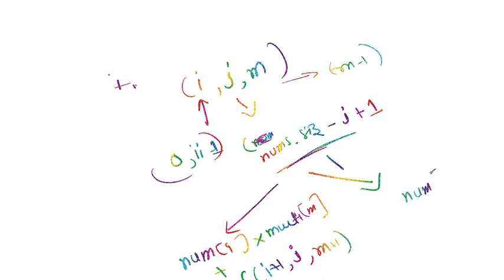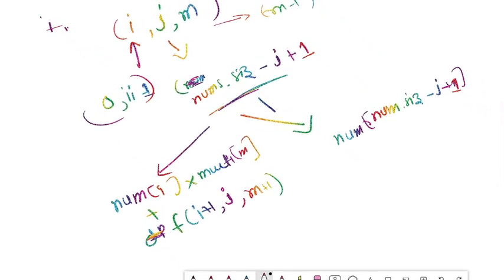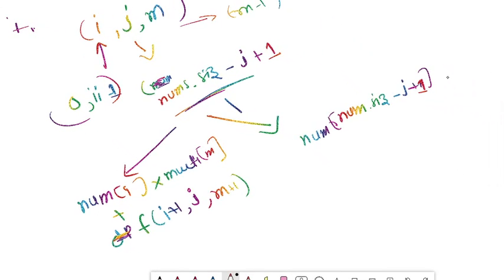Similarly, what does j indicate? It indicates the jth element from the last. So it will be nums dot size minus j, minus 1 in 0th index, into multi[m], plus f of i comma j plus 1, m plus 1.